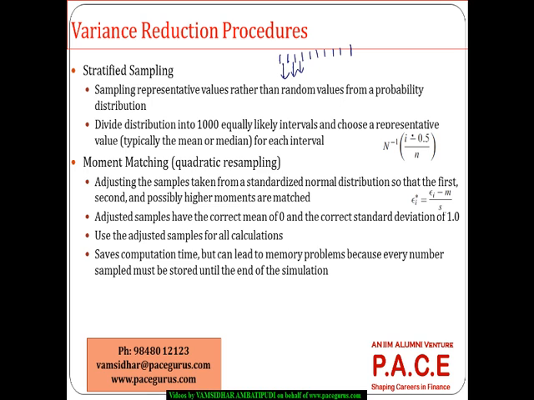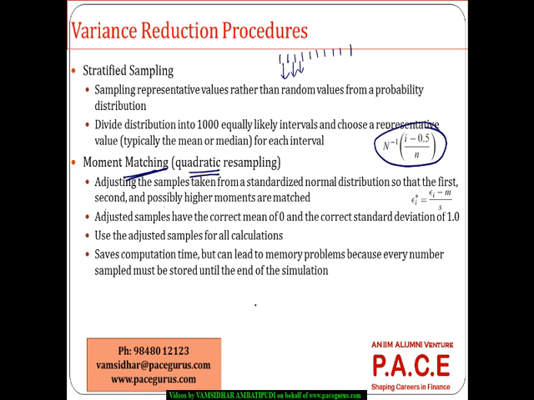It again reduces my computation time quite drastically. Similarly, I could even follow a procedure called moment matching, which is otherwise called quadratic resampling. So first we take the samples from a standardized normal distribution, but there the clause is I make them match with the higher moments as well as mean and variance.